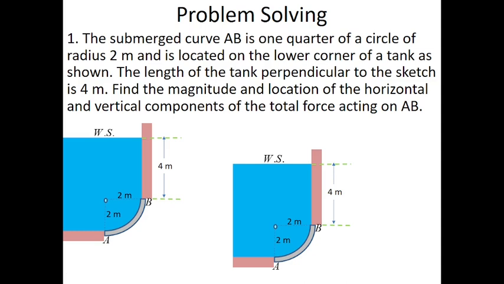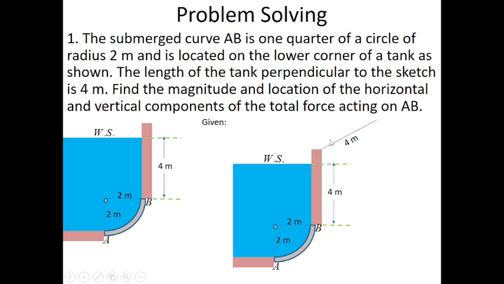So, let's analyze. So, we have here given the submerged curve AB, ito yun, is 1/4 of a circle. 1/4 of a circle, in short. And is located on the lower corner of a tank as shown. The length of the tank perpendicular to the sketch is 4 meters. So, ito ay 4 meters.